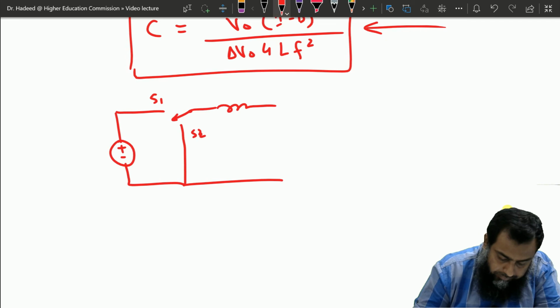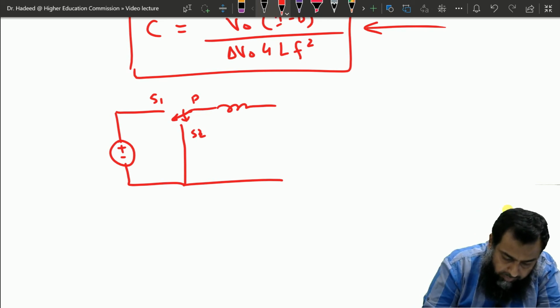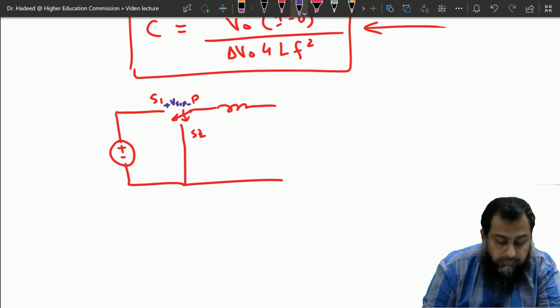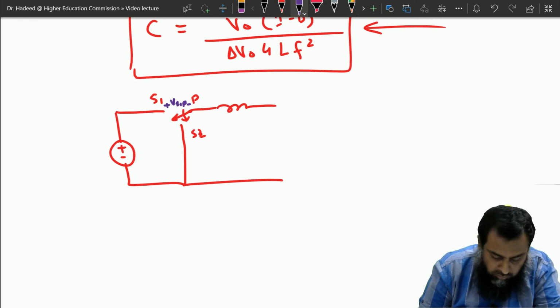So you see here, when this switch is connected with this S2, the voltage VS1P, because this P is now grounded, this switch is now closed with position S2, therefore VS1P is positive and this S1 has to block the voltage that is equal to V in.